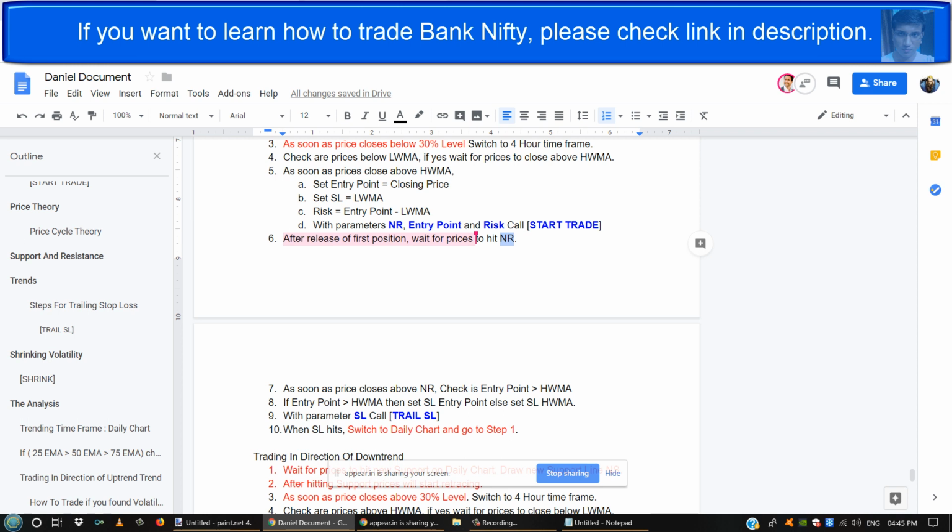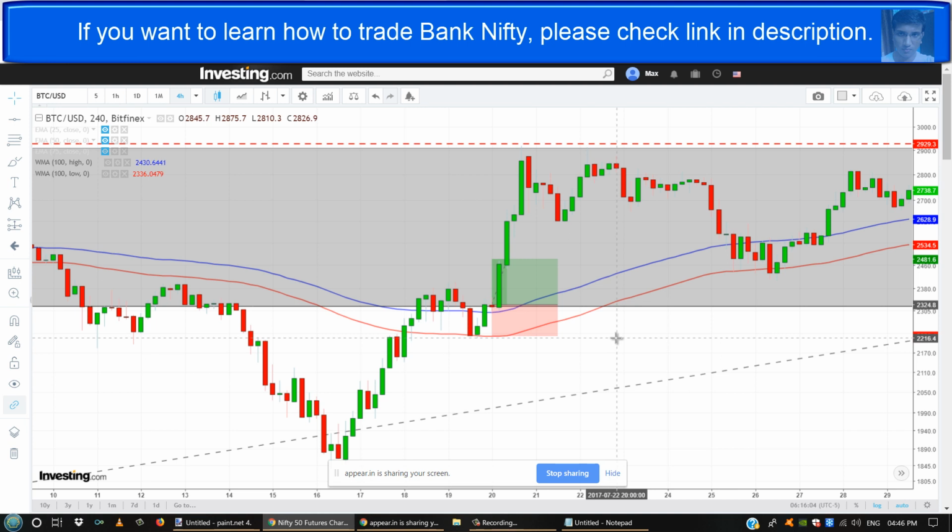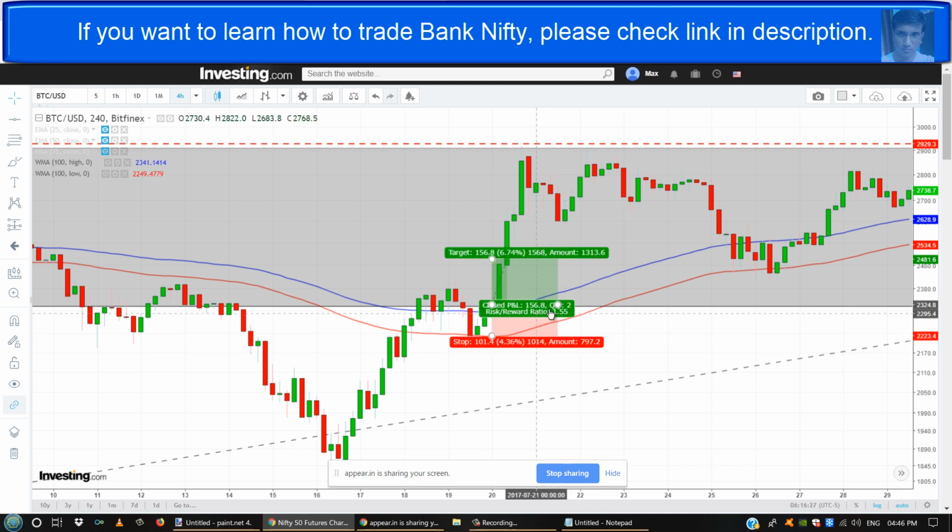If we are following strictly what the document says, we are now waiting for the price to break the new resistance, right? So if you go back to the chart, we were not doing this buy that you have there.